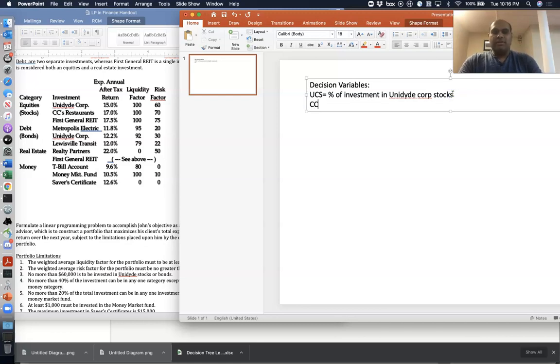Then CC is the percentage of investment in CC restaurants. Then FG is the percentage of investment in First General REIT.